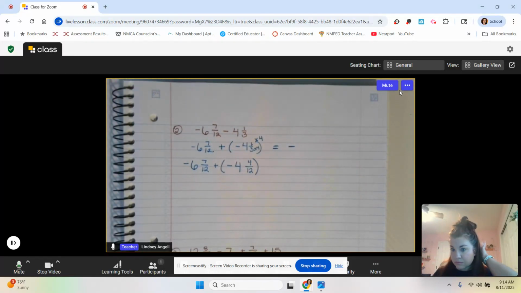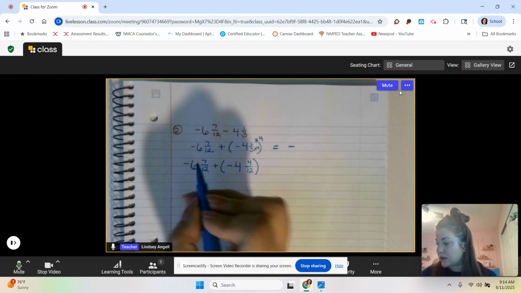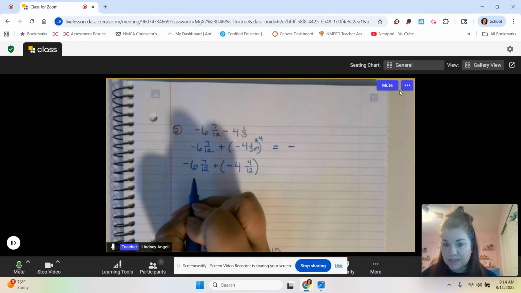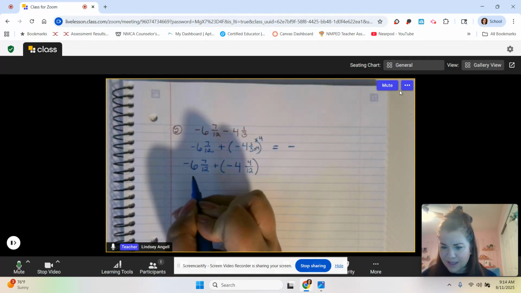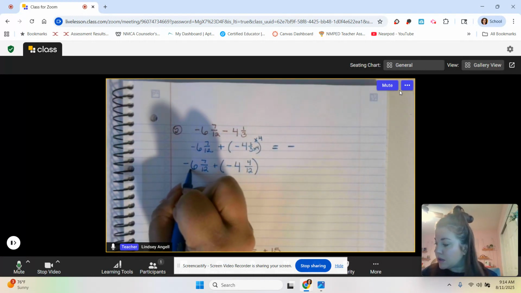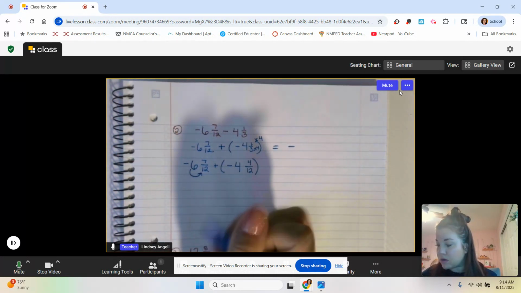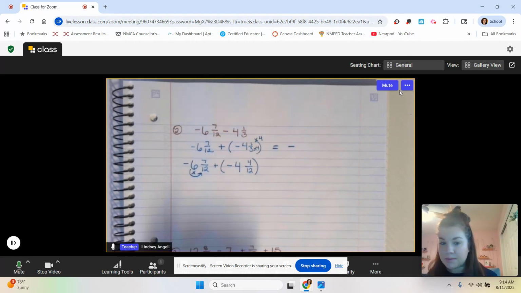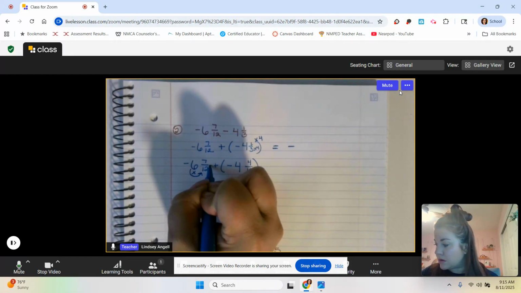So, from that, now I'm going to make both of them into improper fractions. All right, these numbers are a little bigger than other ones that we've dealt with, but that's okay. We got this. You can always do work on the side if you need to. Well, we're going to take our whole number and multiply it by our denominator. 6 times 12 is 72.